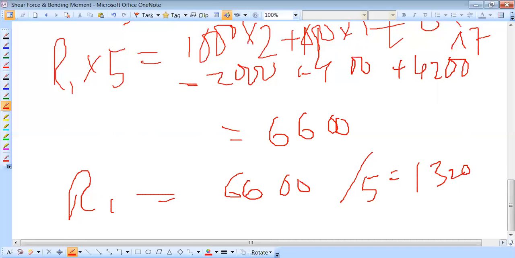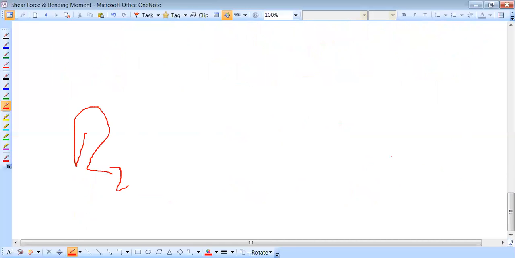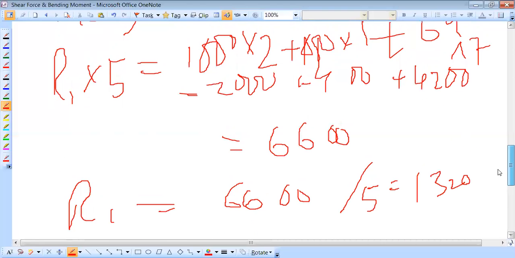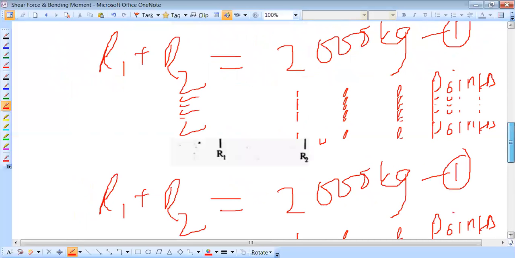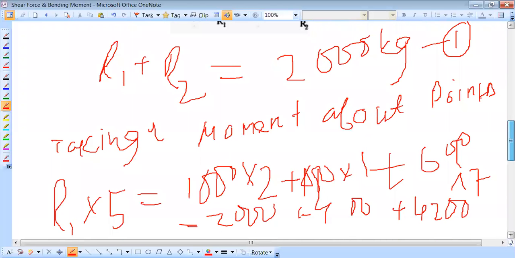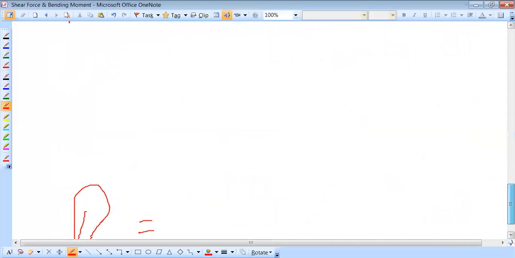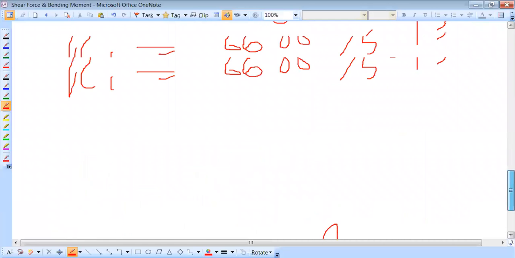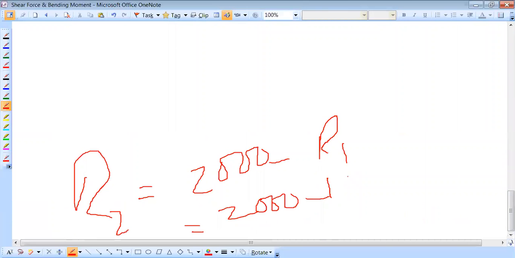Then we can easily find R2. We know R1 plus R2 equals 2000, so R2 equals 2000 minus R1, that means 2000 minus 1320.